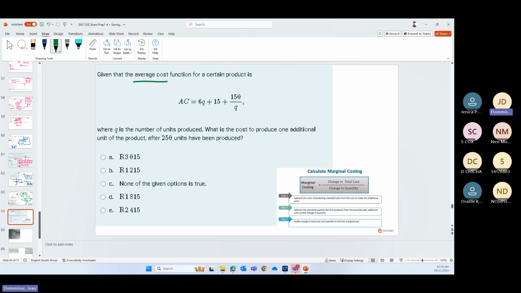Okay, so first we will need to get from average cost to, okay, so how do we go from average cost to marginal cost?